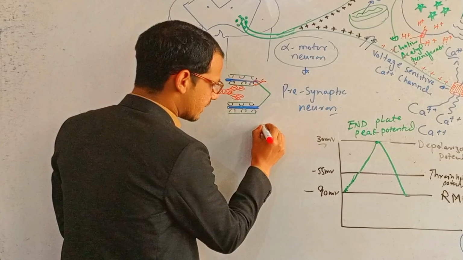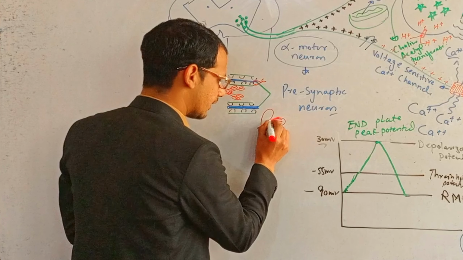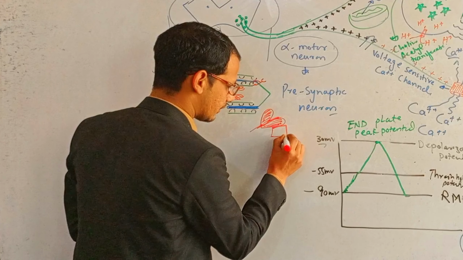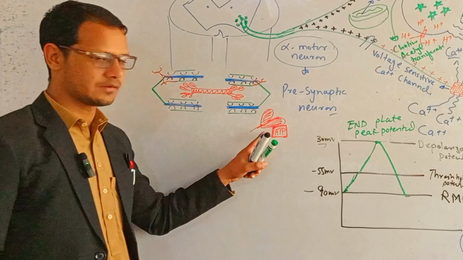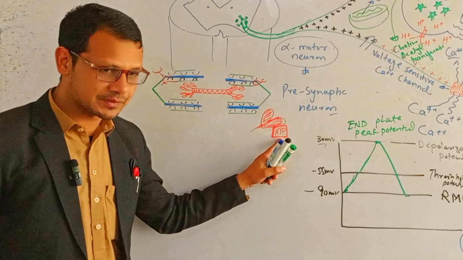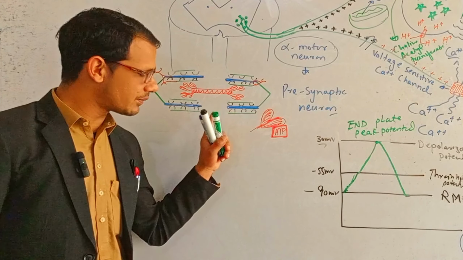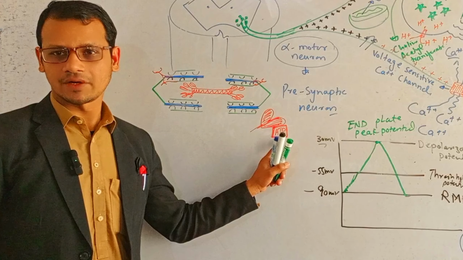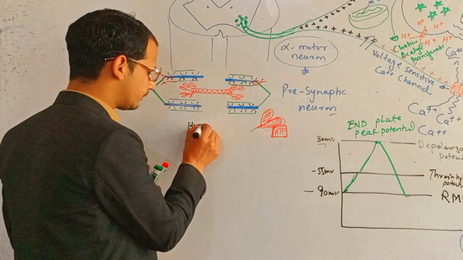For example, this is ATP and the myosin head, and now ATP binds to these heads. ATP means adenosine triphosphate, meaning it has three phosphates. The first step here is the hydrolysis of ATP.